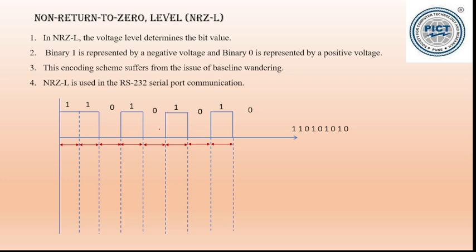The time period for each bit is t seconds. On the x-axis there is the time period, and 0 to V volts that we have taken. Now it is using two levels. So this is plus V, this is minus V. So first is non-return to 0 L. In this, first let's see how 1 is represented here. So 1 is represented with minus V voltage.